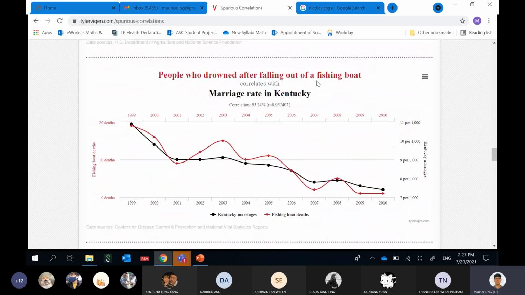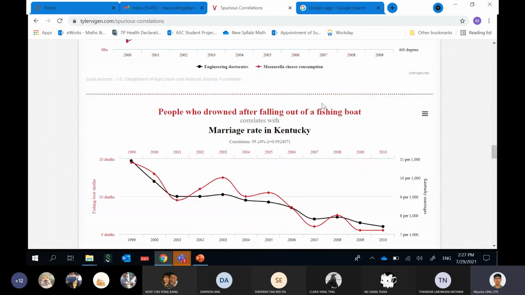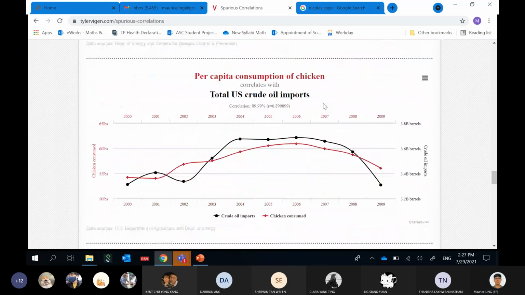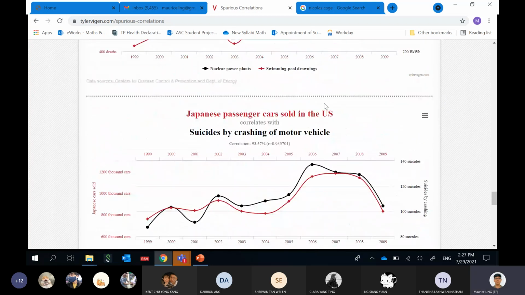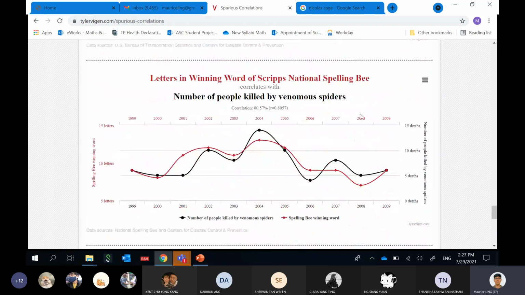People who drown from falling off a fishing boat correlates with marriage rate. And here's another one: the number of letters in the winning word of the National Spelling Bee competition is very well correlated with the number of people who died by venomous spiders.